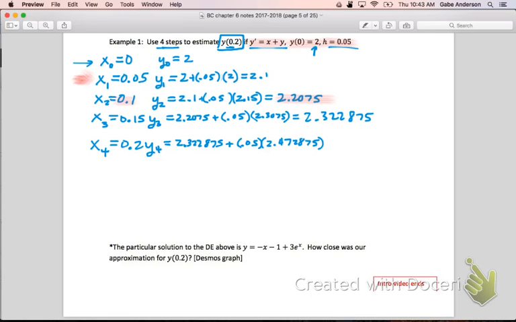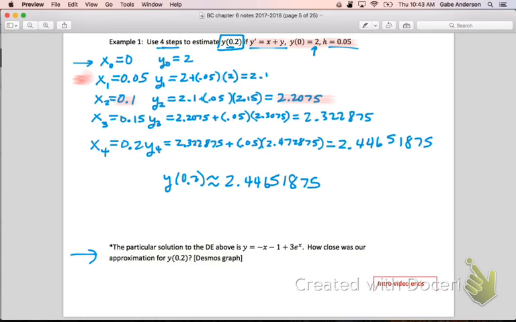So we do our multiplication and our addition, and we end up with 2.44651875. Okay, so that means that y of 0.2, excuse me, is approximately equal to that number, 2.44651875.